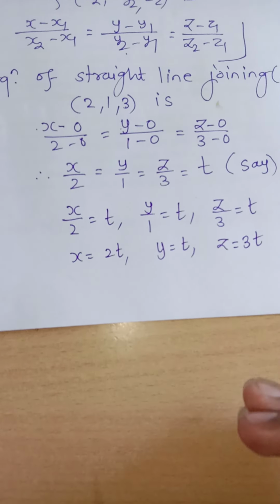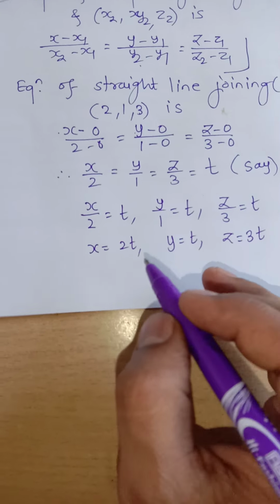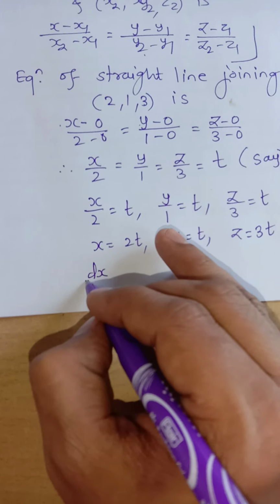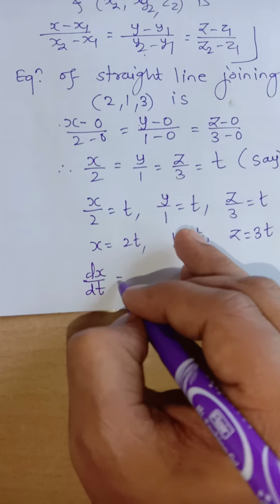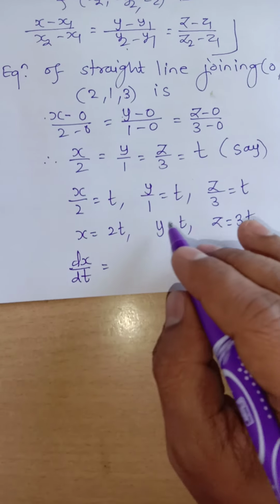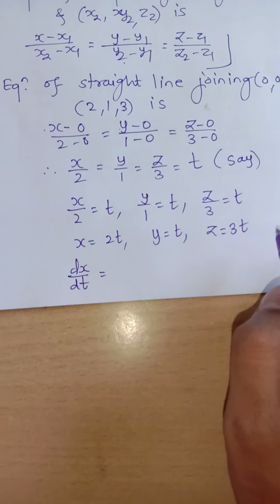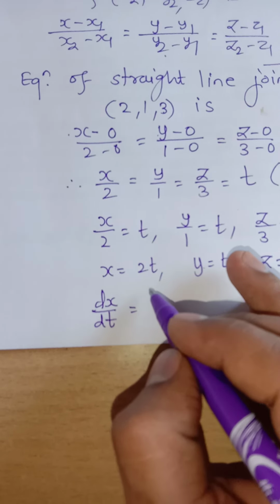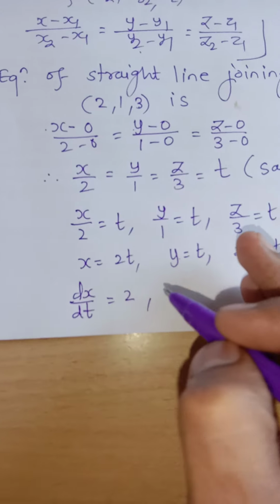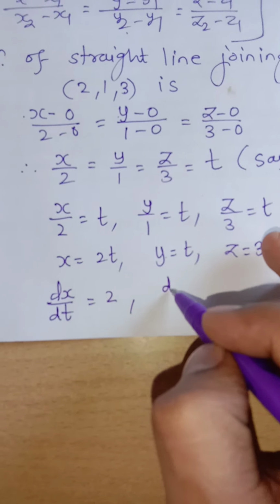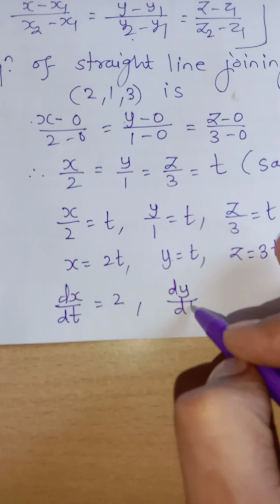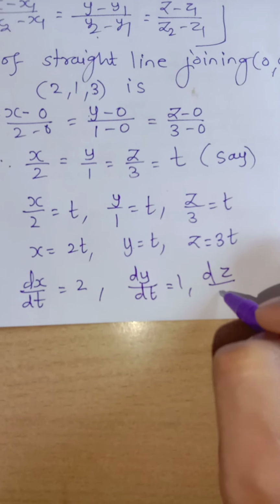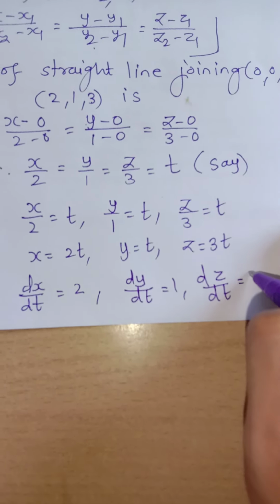So derivative of x with respect to t is the derivative of 2t, which is 2. Derivative of y with respect to t is equal to 1. Derivative of z with respect to t is equal to 3.